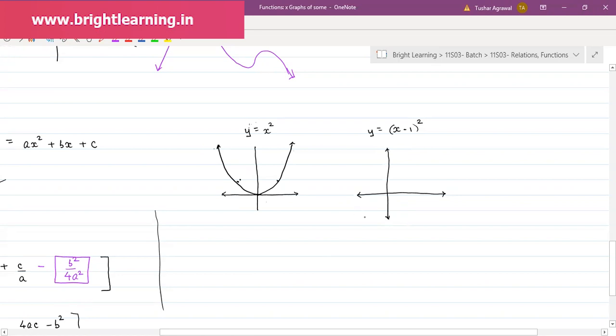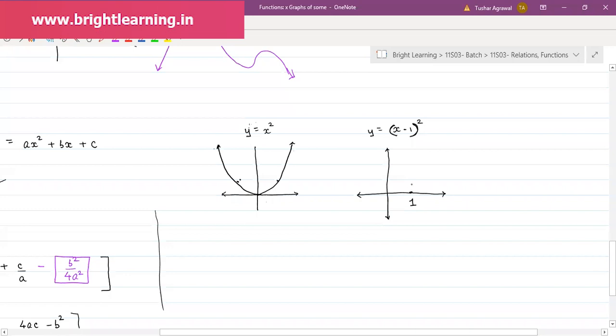Instead, what I will suggest is: don't expand. Just let it be (x minus 1) complete square. Think of it as bracket square. When x equals 1, the bracket is 0, so the corresponding image is 0.